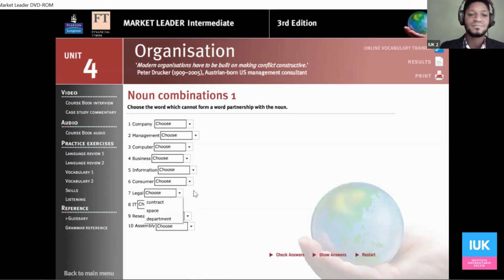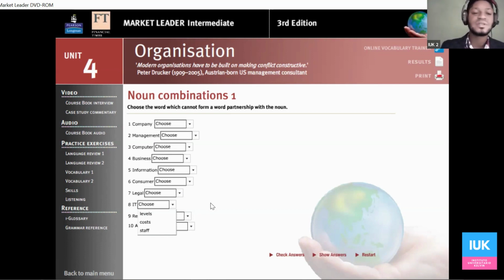Seven, legal contract, legal space, or legal department. Eight, IT levels, IT costs, or IT staff.